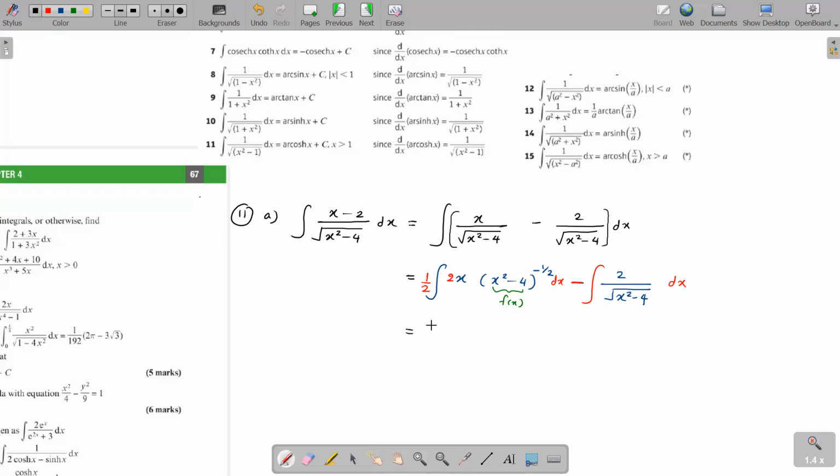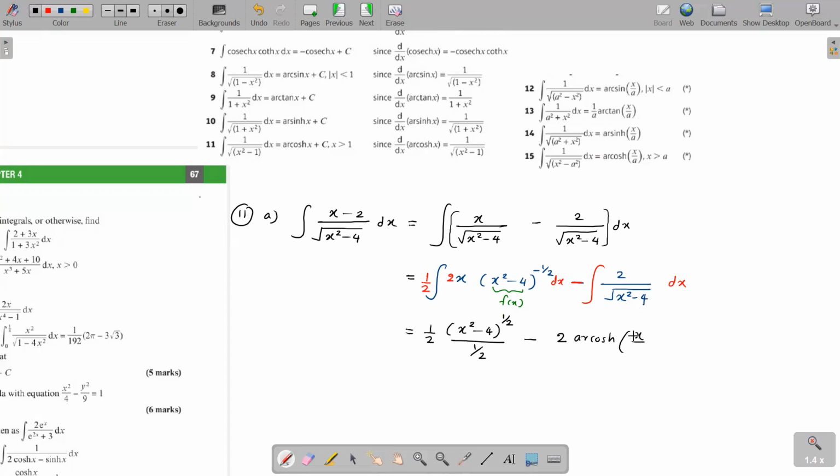So what's happening here? We get half times x square minus 4 to the power minus half. We add 1 to the power: x square minus 4, minus half plus 1 gives plus half. Also divide by half, fx to the power n plus 1 over n plus 1, right? Minus, here the 2 can stay in front. 1 over root x square minus a square is what? Arc cos x over a.